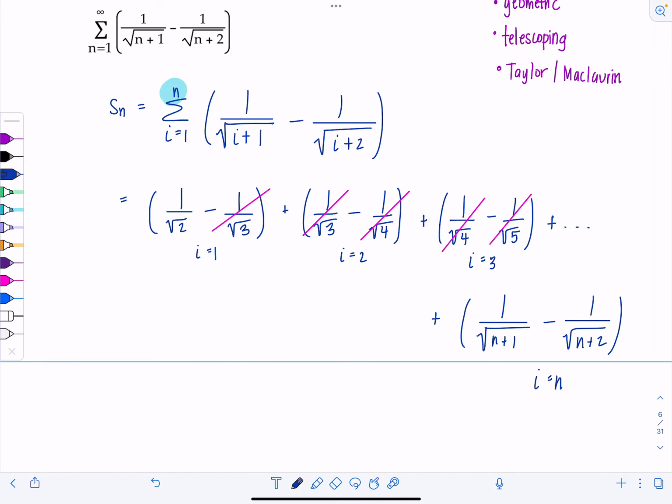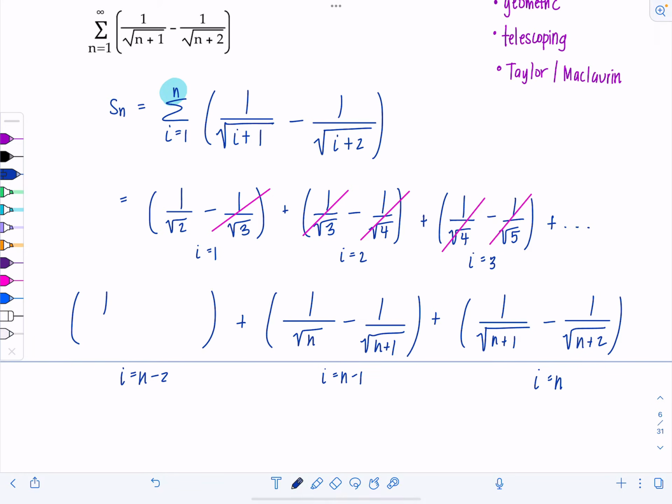What's before n? n minus 1. So that would be 1 over radical n minus 1 plus 1, which is just radical n, minus 1 over radical n plus 1. What comes before n minus 1? Good, n minus 2. So this would be 1 over radical n minus 1, and then radical n minus 2 plus 2, just radical n.